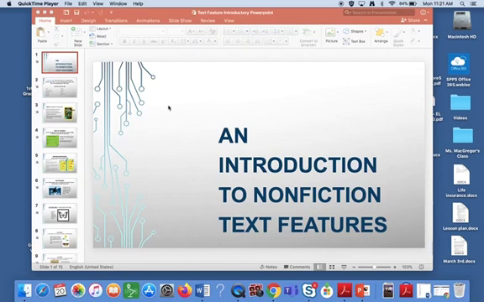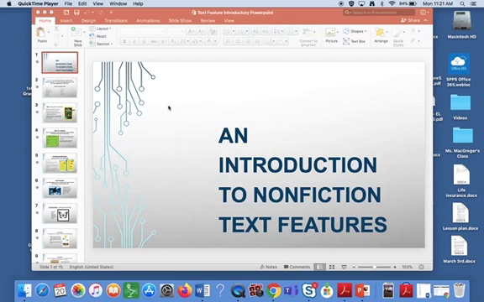We do a lot of reading of nonfiction in third grade because a lot of what we get tested on for the MCAs is nonfiction material. So, one of the important things to do is be able to know how to navigate nonfiction text features.